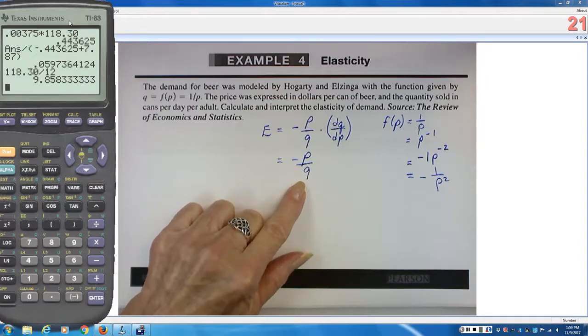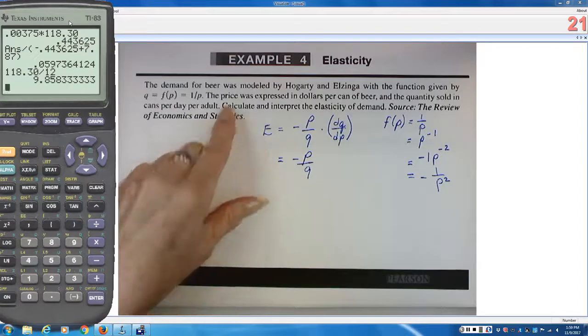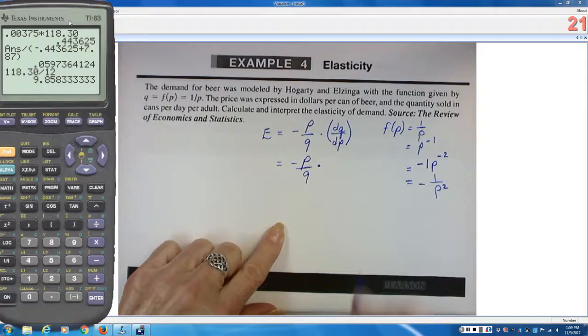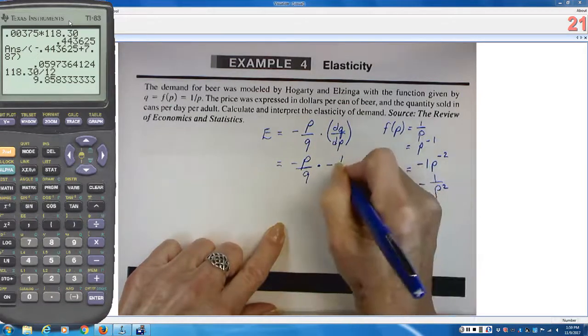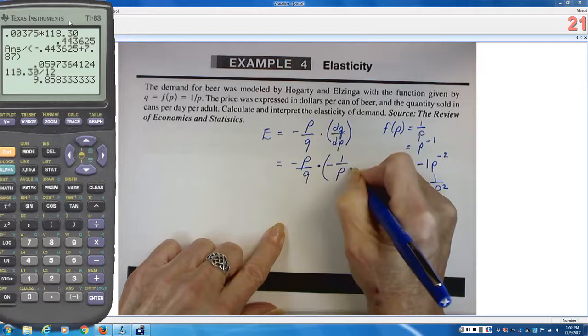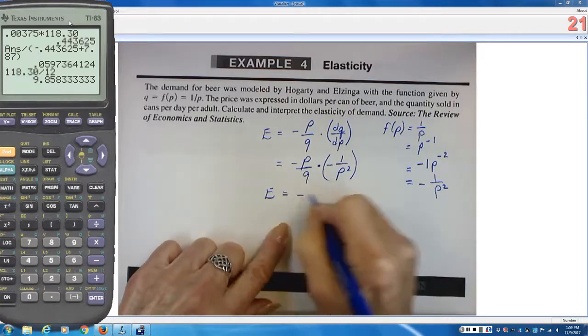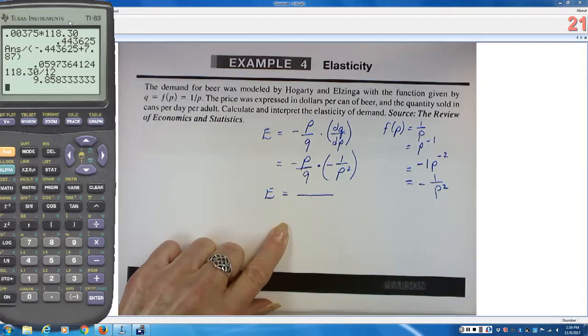I don't usually make you, but in this case it's worth it, because in order to get a formula for the elasticity of the beer, we need to multiply this out, and it will be easier to multiply times negative 1 over p squared, since we have two fractions. Negative times negative is positive.